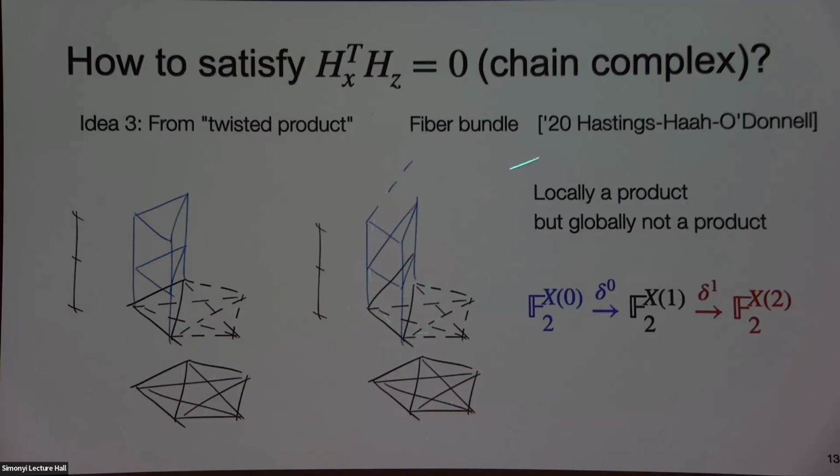This is known as the fiber bundle, and in the paper, what they did is consider a random abelian lift. So they take a graph and then consider a random abelian lift, and that already surpassed the square root barrier. Yeah, so that's really the idea.